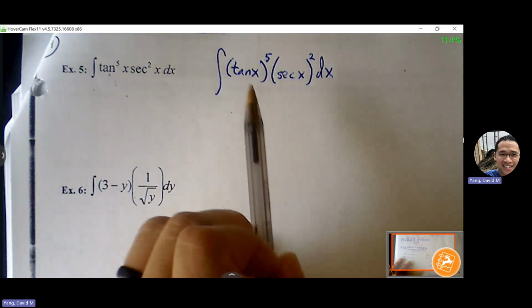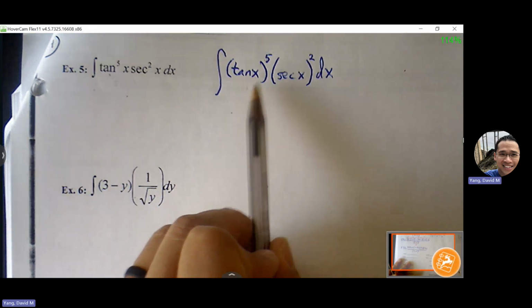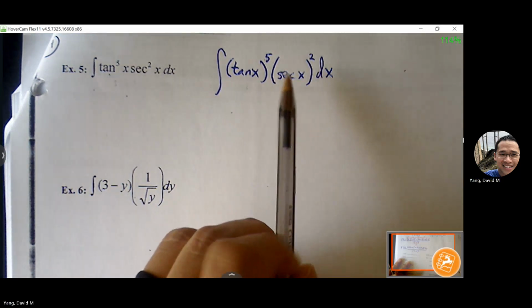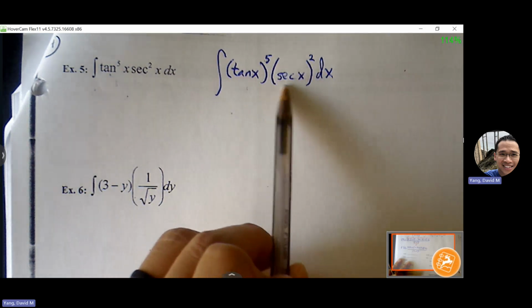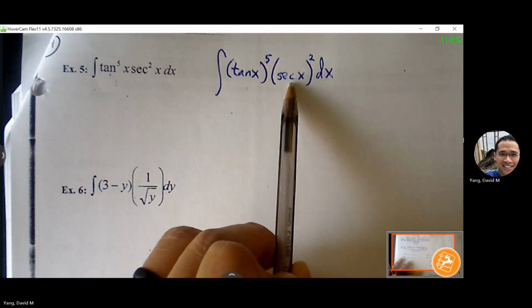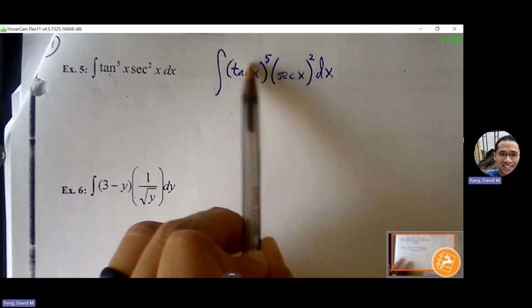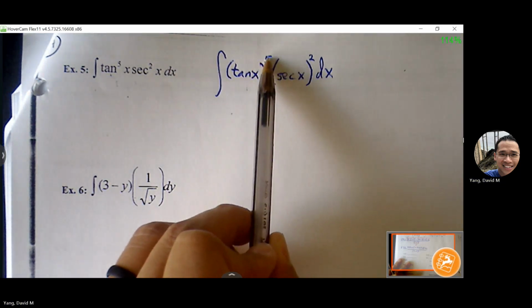And so we have to explore our options, right? Maybe our U value is tangent, but maybe our U value is secant. But let's think about the derivative and see which one will be a better fit. If my U value is secant, what's the derivative of secant? Secant tangent, right? Secant tangent will take care of one tangent, but it's not gonna take care of the other four.